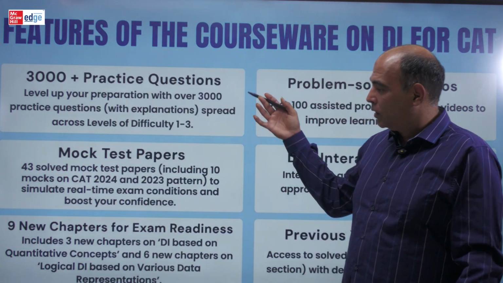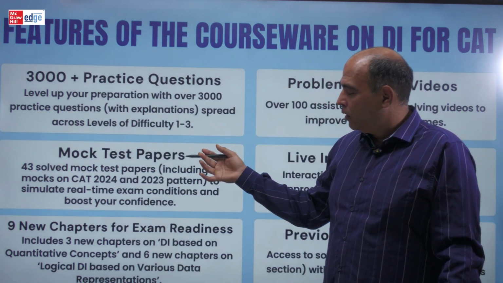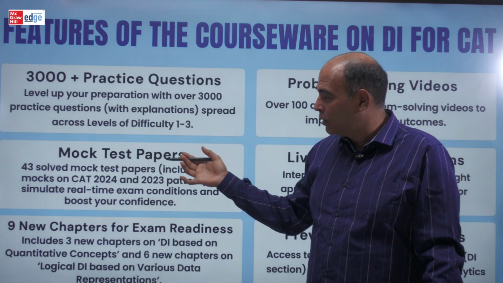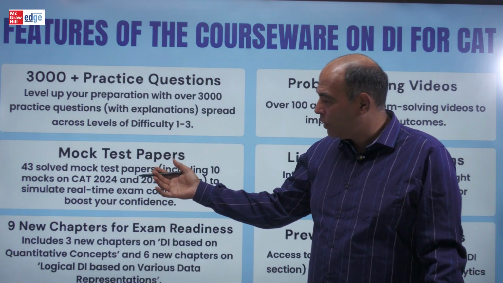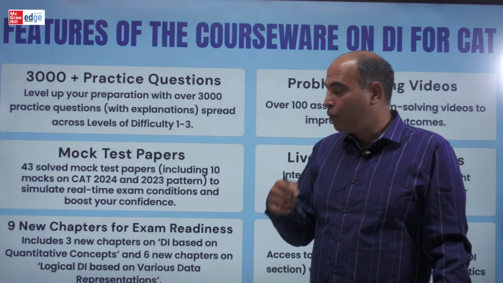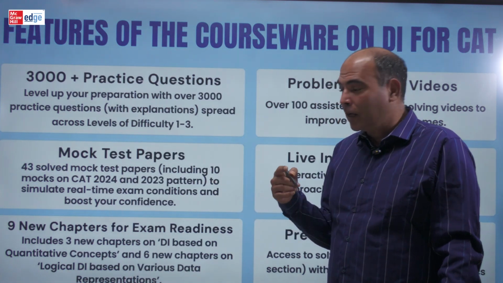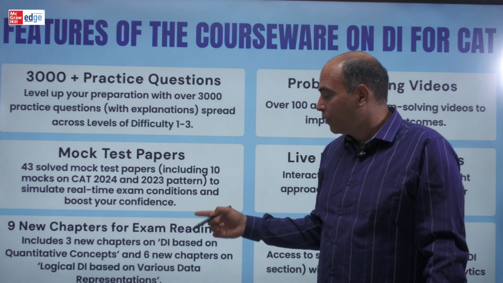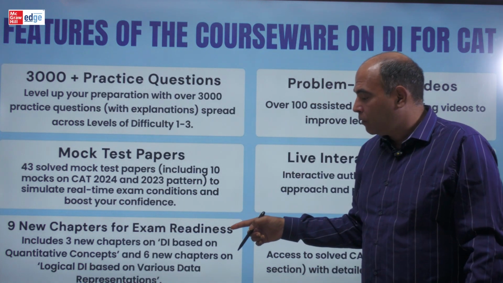And this experience of problem solving is also enhanced using mock test papers, 43 solved mock test papers, including 10 mocks based on CAT 24 and CAT 23 patterns, the latest CATs, to simulate real-time exam conditions and boost your confidence. 9 new chapters for exam readiness.